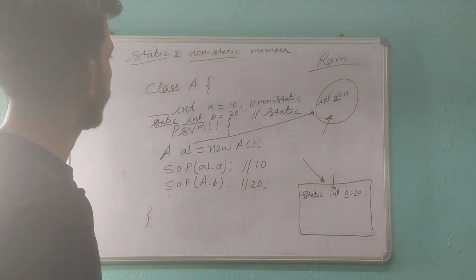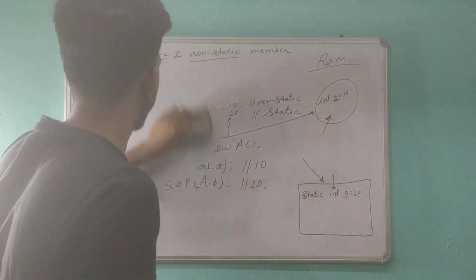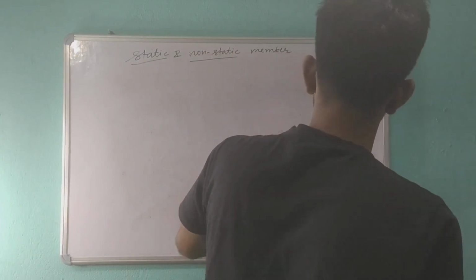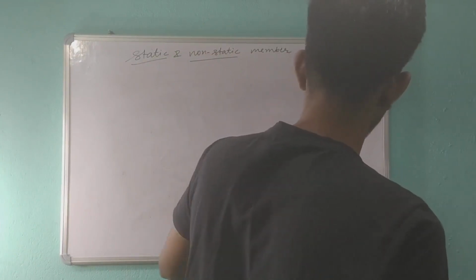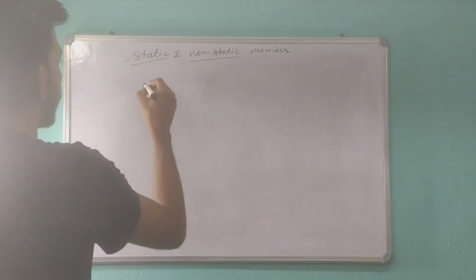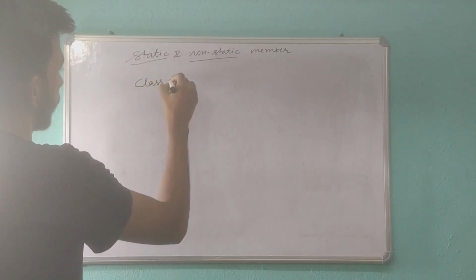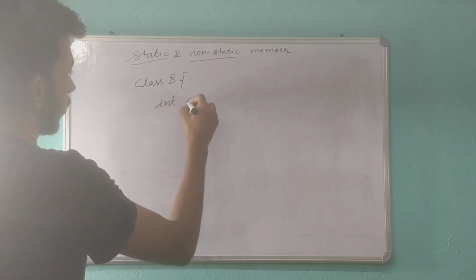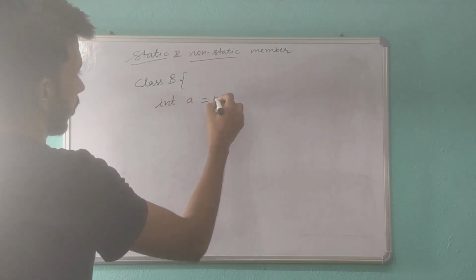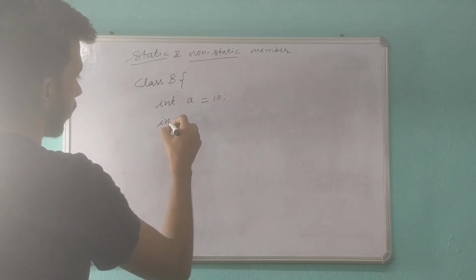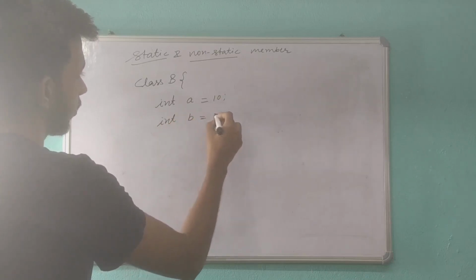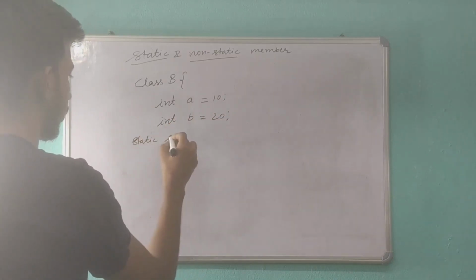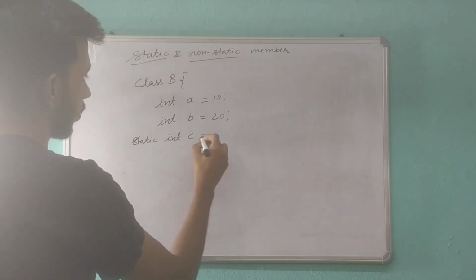I am going to give you another example. Class B, and here is int a equal to 10, int b is equal to 20, and static int c equal to 30.